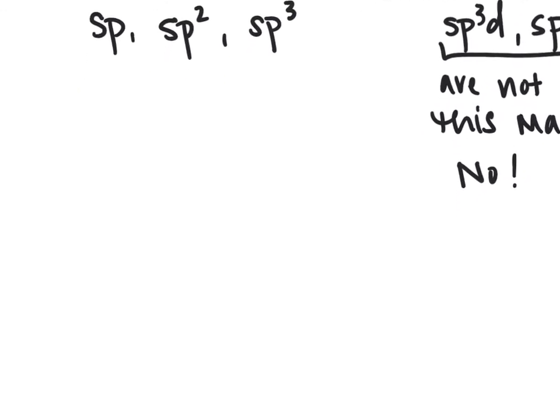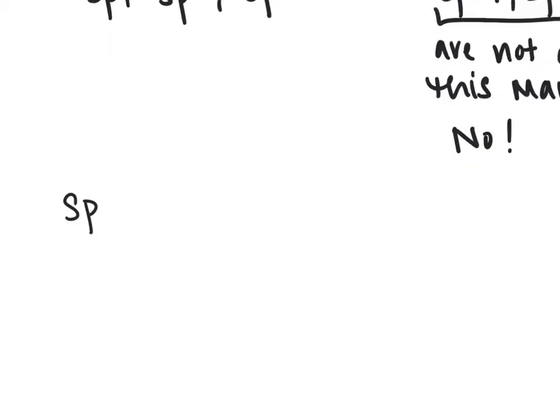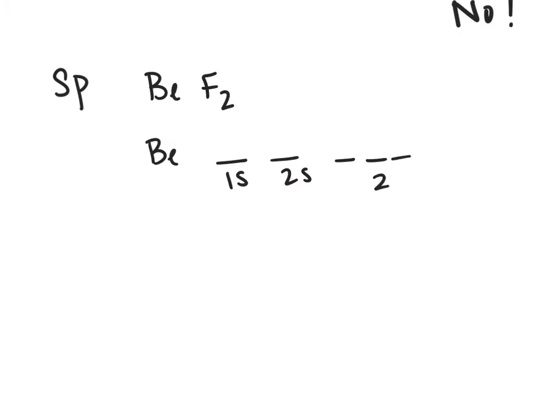So if we were to think about sp, we are going to combine a single s orbital and a p orbital. So let's look at BeF2. Beryllium has 1s, 2s, and the 2p orbitals. It has 2s electrons in Be.